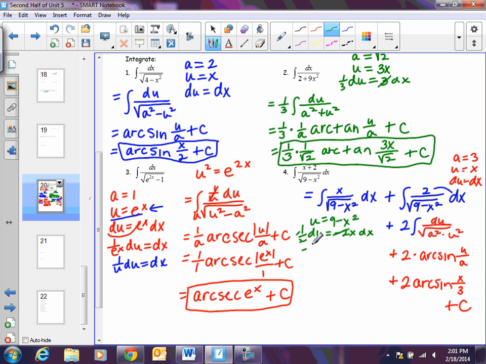So that would be negative 1/2 integral, and since 9 minus x squared is the u, and the u is in the denominator, that would actually be u to the negative 1/2 du, right? I want you to notice here that this x and this dx are right here. This is why I used this. So then, to keep on integrating, I would add 1 to the power.